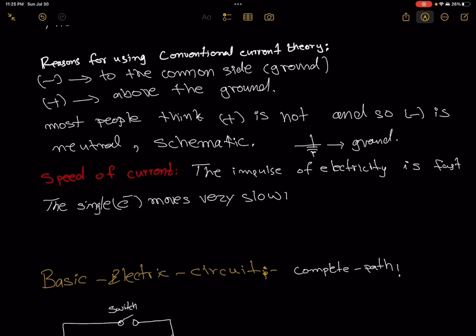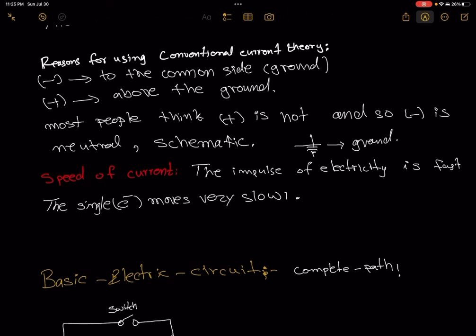That will be the valence shell movement, and there will be many elements to do it, because the impulse of electricity is actually fast, but the electrons are moving very slowly. That's because there have to be billions of electrons to move, and that's exactly what's happening.